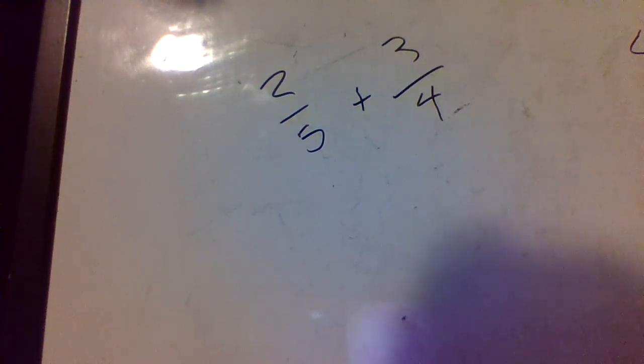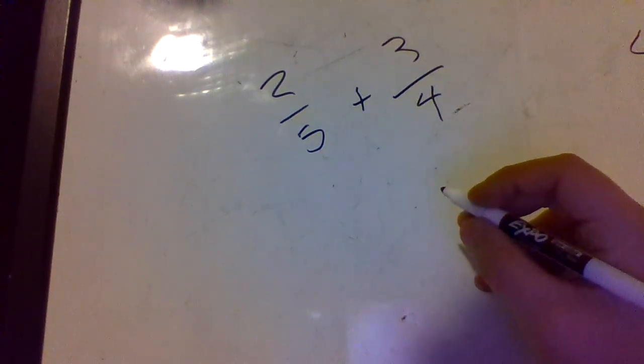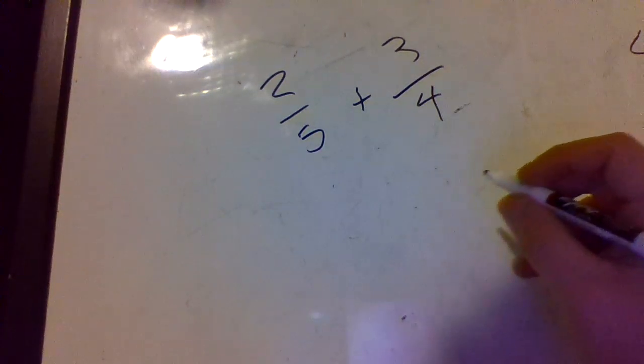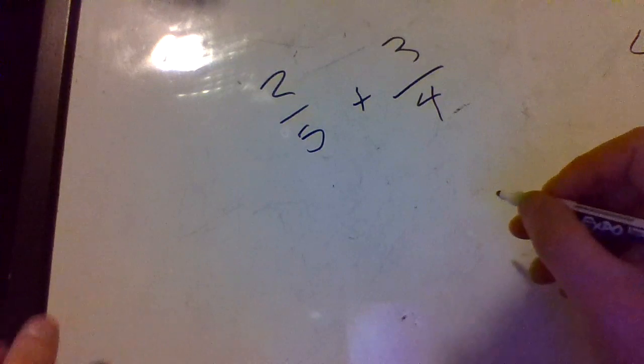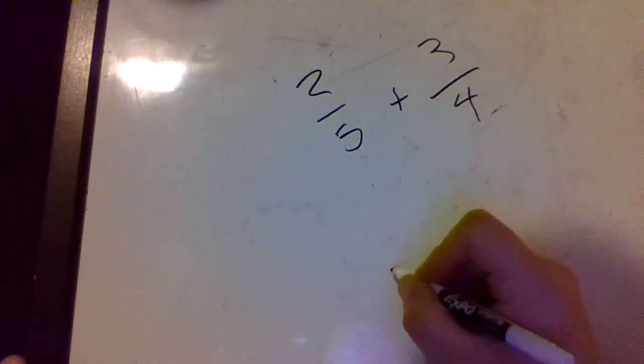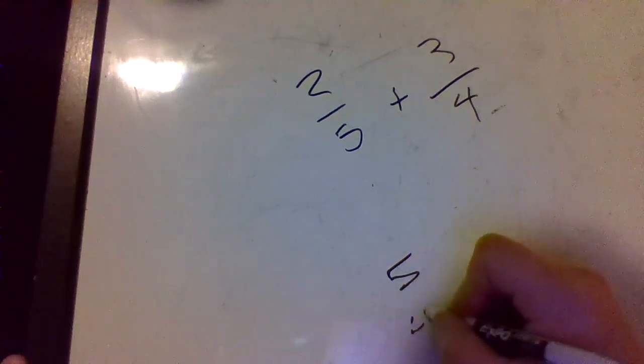Very good. So our common denominator in this case is going to be a little different than what we've done so far. So we've got 5 and we've got 4.